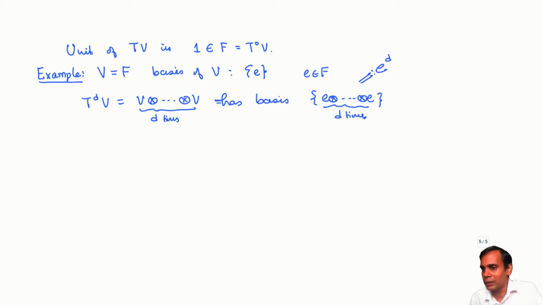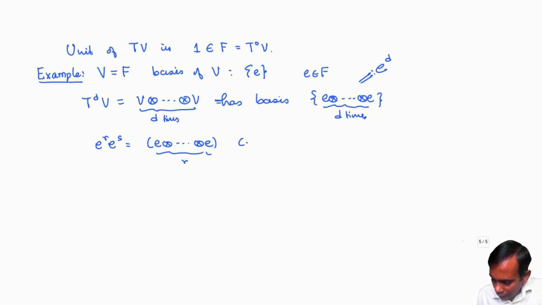Just define it to be E to the D. Then E to the R times E to the S is the image of E tensor E R times and E tensor E S times in TR plus S. So that image is just obtained by doing this, and so this is E tensor E R plus S times.